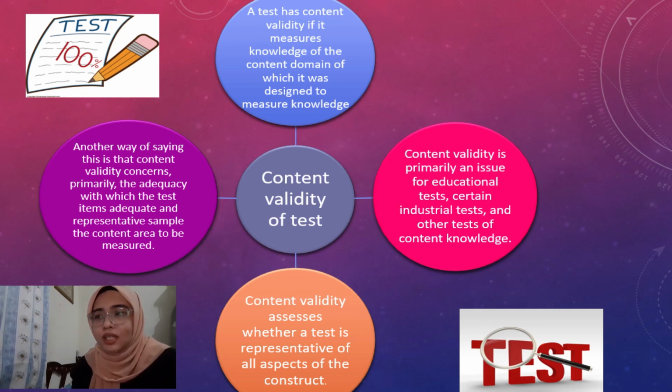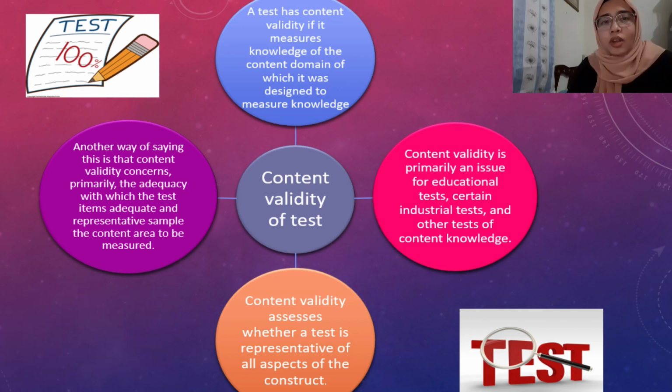The last one is another way that content validity concerns primarily the adequacy with which the test items are an adequate and representative sample of the content area to be measured. For example, a mathematics teacher develops an algebra test for her class.